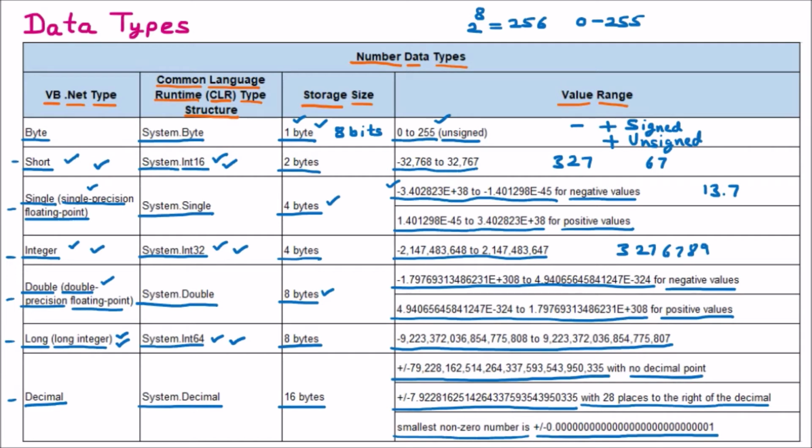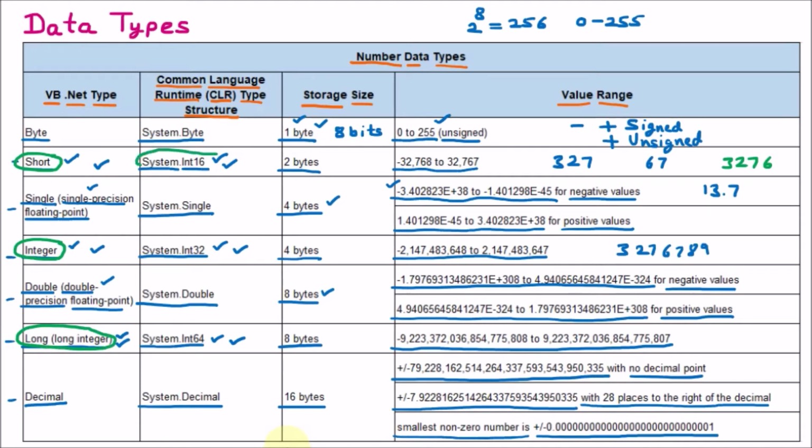Now you should understand that there are two types of numbers. One is the normal integer and the second is the decimal number. If you want to store normal numbers, let's say 3, 2, 7, 6, where no decimal is placed, then the first category is short, then integer, and then further the long integer, which is called long.